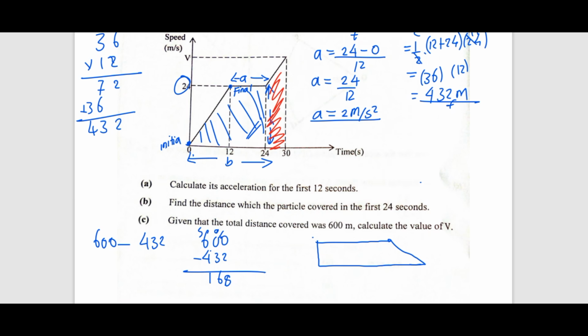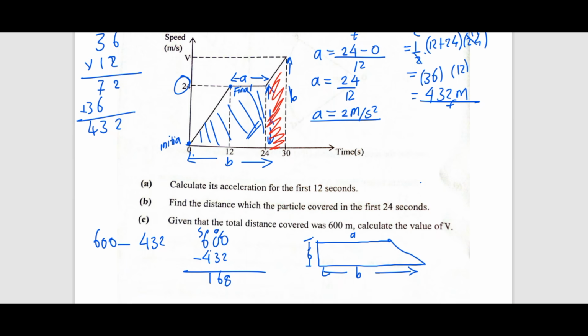So we know that from 24 to 30, here we have 6. Then from 30 to here, this is our B. Because we are dealing with a trapezium, here we have our A.